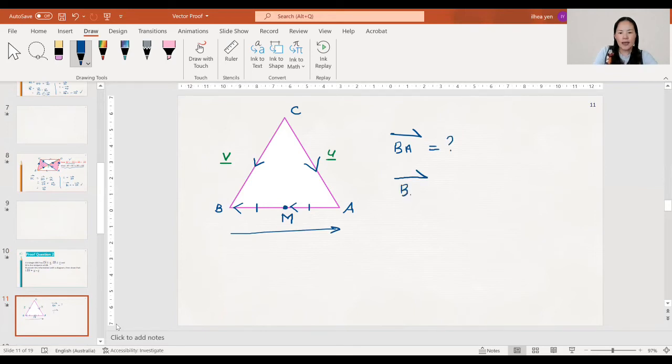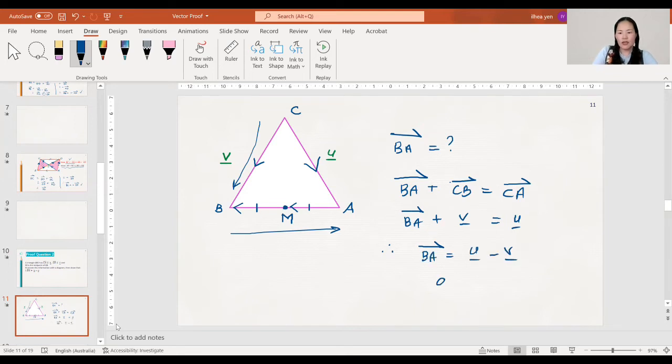Vector BA plus vector CB, which is this one, CB equals vector CA. Now we know that vector CB is V and CA is U. So if I change that in terms of making vector BA the subject, it would be vector U minus vector V as required.